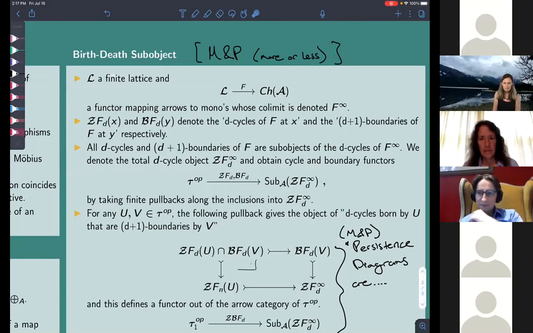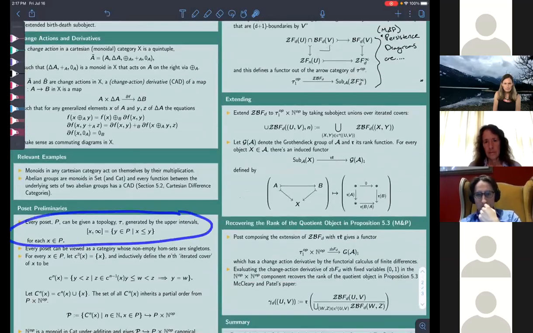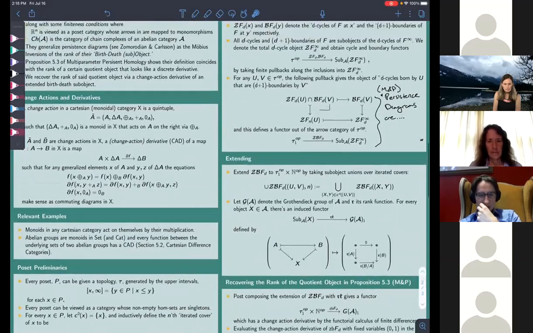All of these things are sub-objects of the D cycles of a total complex, which exists because of these finiteness conditions, and that's denoted by ZFD infinity. These things extend to functors where the domain is the open lattice, the topology on the lattice L being that of upper sets, generated by all the upper intervals.